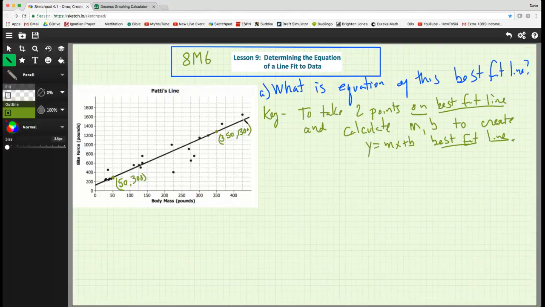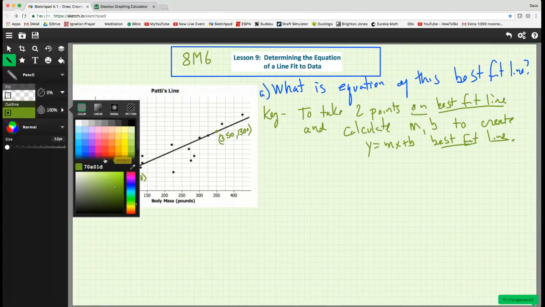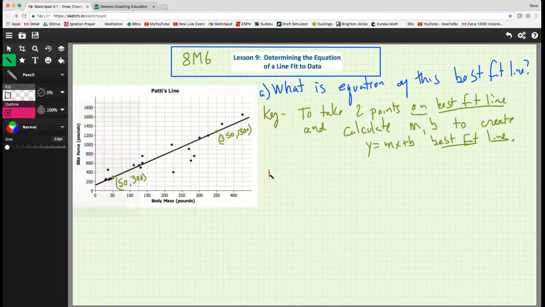And now I'm going to go about finding my equation of the line. Now remember, we need to find our m. So our m is equal to y2 minus y1 over x2 minus x1. Then we'll go about finding b. So our y2 is 1300, our y1 is 300.